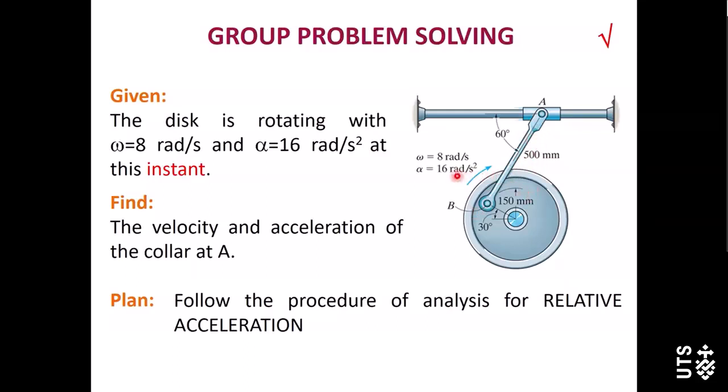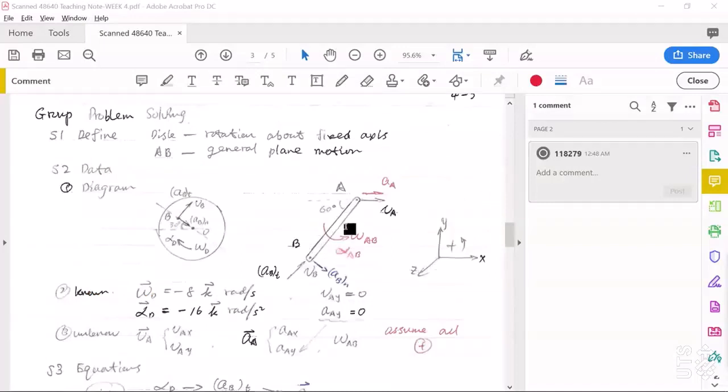And here, we already know the angular velocity and angular acceleration of this disk, both magnitude and directions. The target here is to determine the velocity and acceleration of collar A. Now, the kinematics diagram.